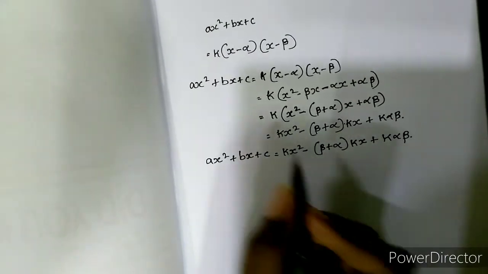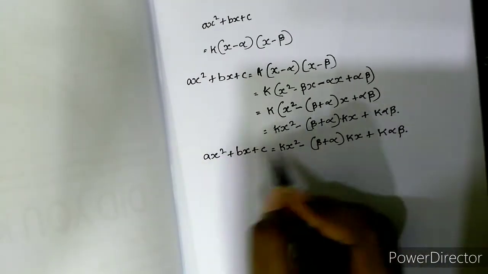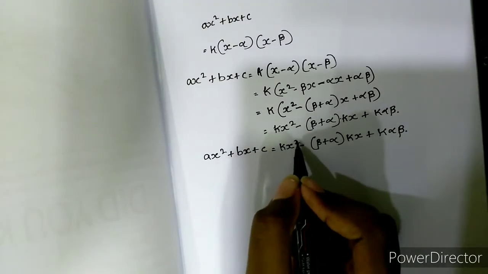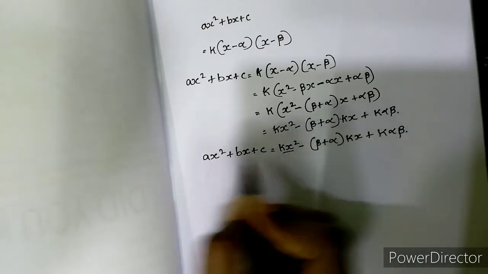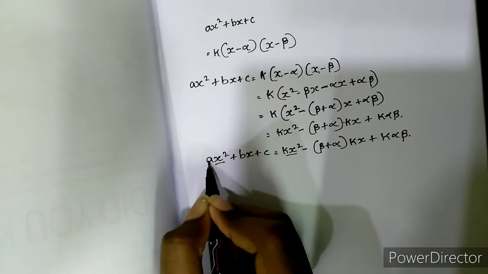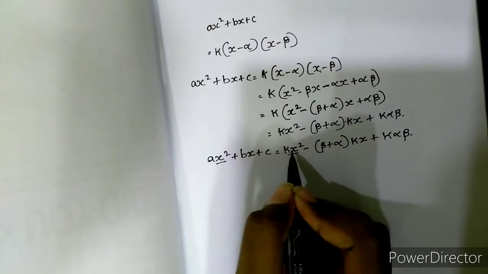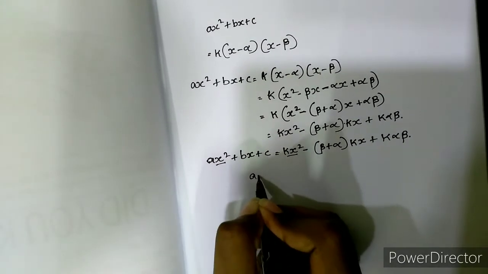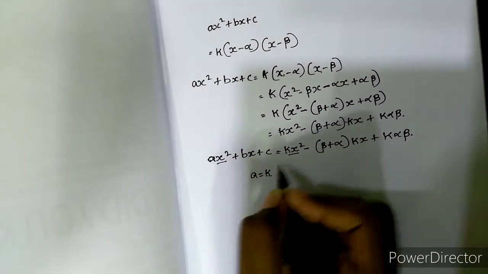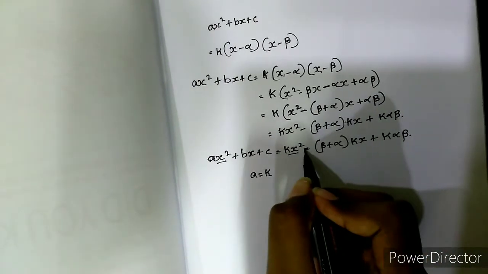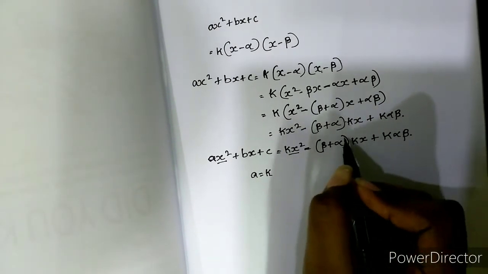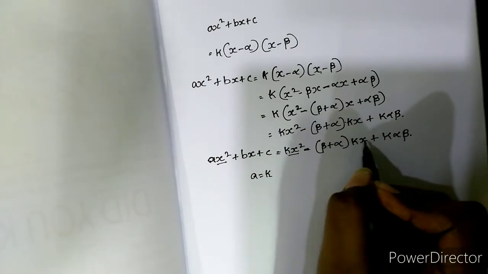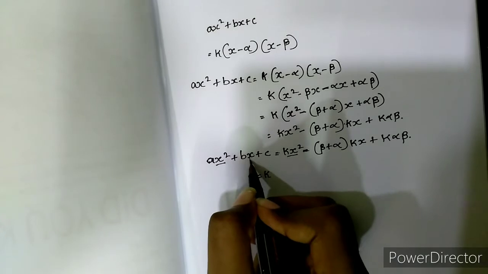Now when we compare these both equations, ax square and kx square, here it is x square, here it is x square. From this we can write that a is equal to k. Now next step, minus of beta plus alpha of kx. Here it is plus bx.